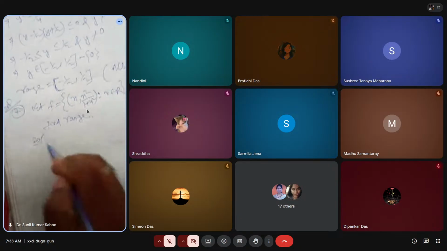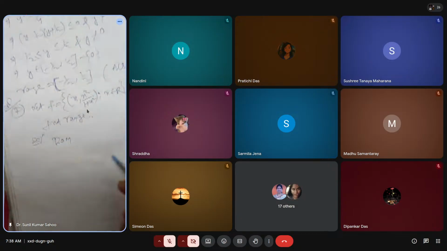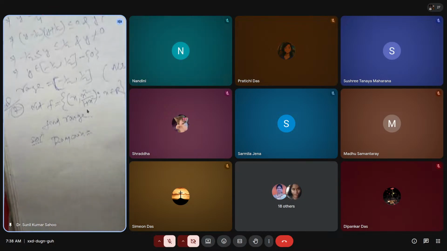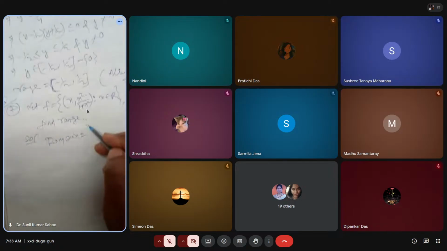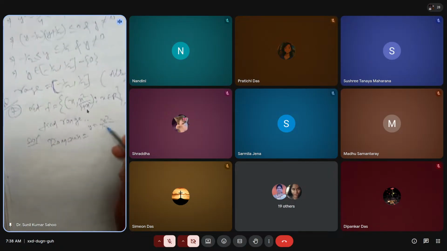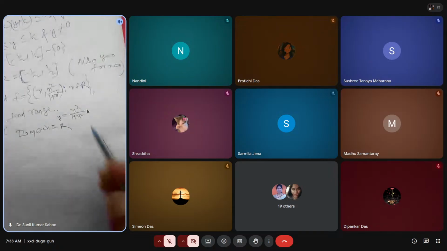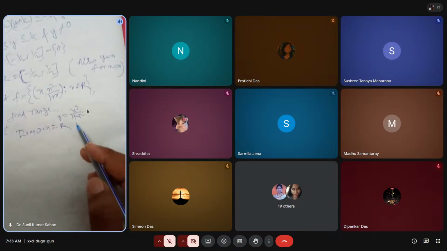Here domain equal to real numbers. Y equal to x square by 1 plus x square and domain equal to real numbers. No restriction. The denominator 1 plus x square is not equal to 0. So if you put x as 0 or minus 1 or plus 1, then it will not be 0.